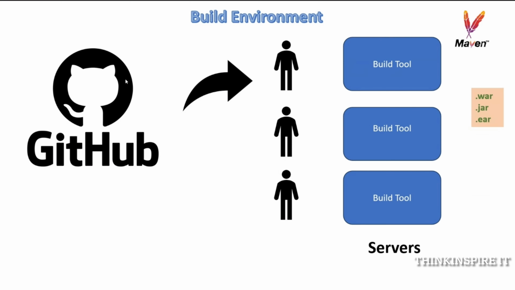A build file is like a .zip file, a compressed file. Its extension will be like .ear, .jar, .war. If your developers are coding fully in Java, then the extension will be .jar. The extension depends upon the programming language.